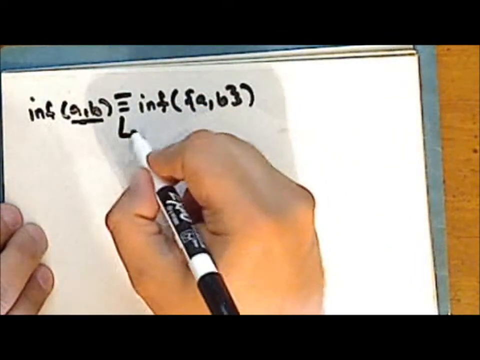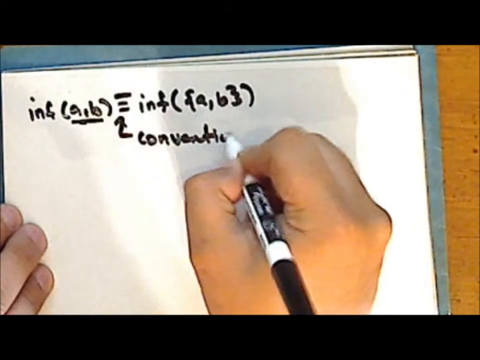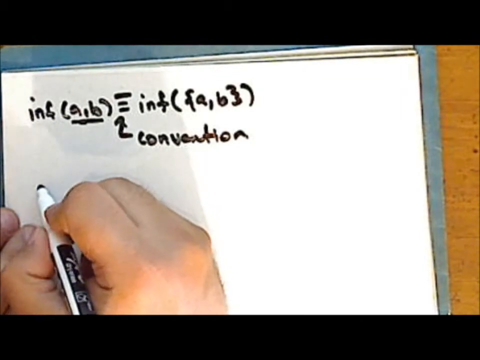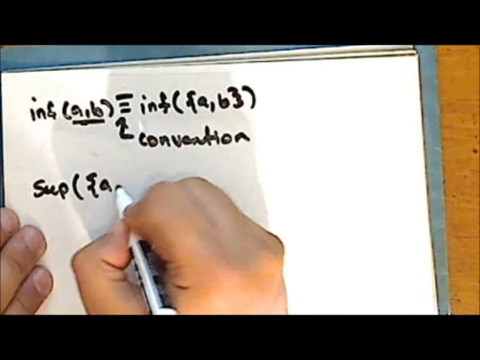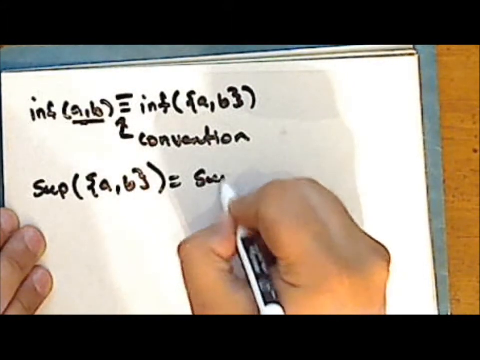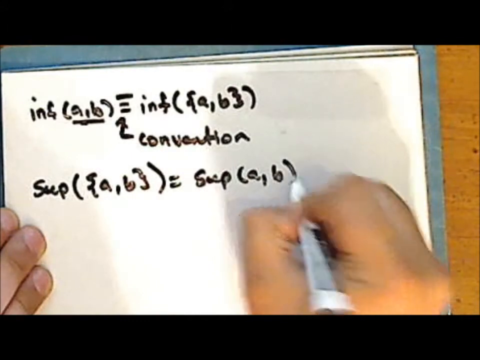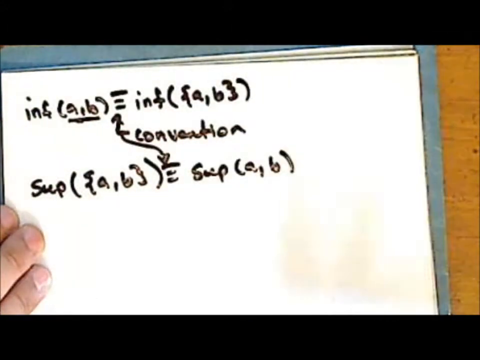So this is by convention. And the same is true for the supremum. The supremum of the set consisting of two elements A and B, we simply write as the supremum of A and B. Again, by convention. Okay?